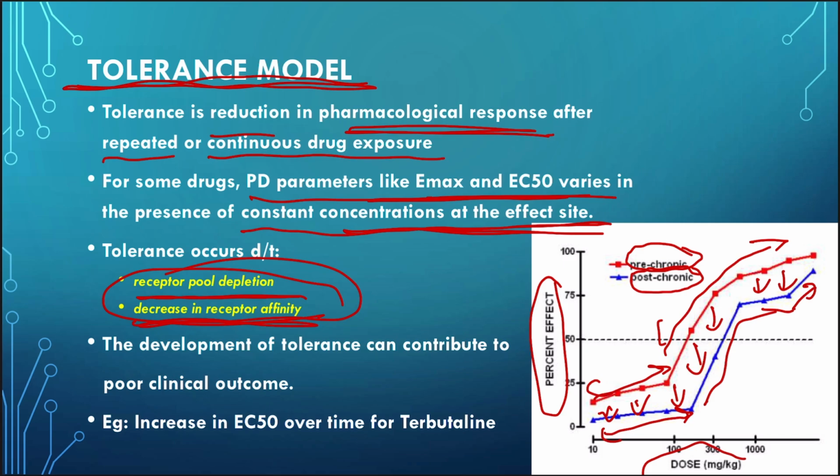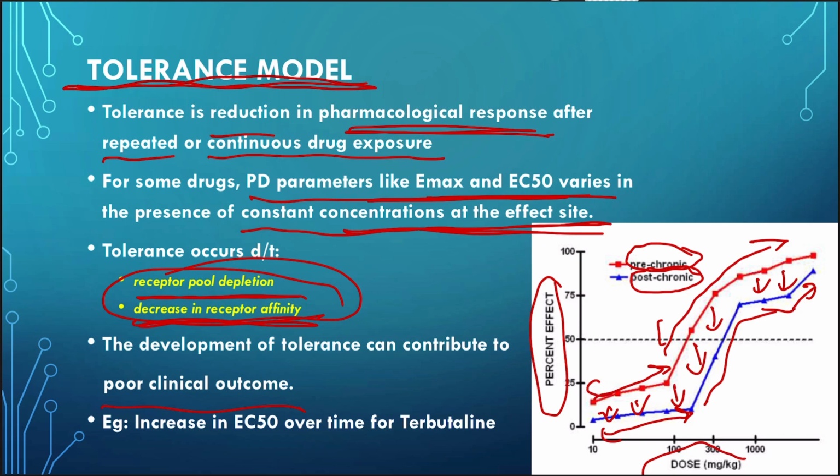So these two can be the reasons for the development of tolerance, and we need to keep tolerance in mind, because it can lead to poor clinical outcome. We might be giving the same dose of the drug thinking that it will produce the same effect as earlier, but when we give the drug continuously, it leads to receptor desensitization, that is decreasing the receptor pools, or decreasing the receptor affinity for the drug.